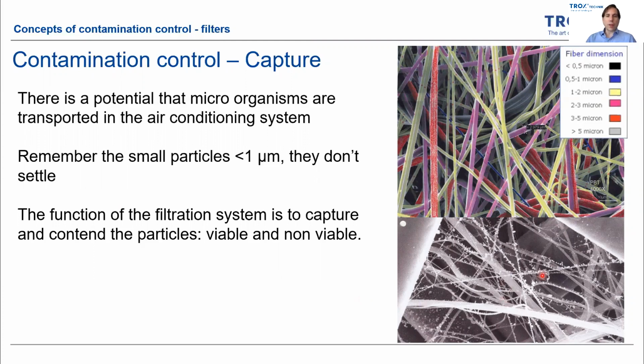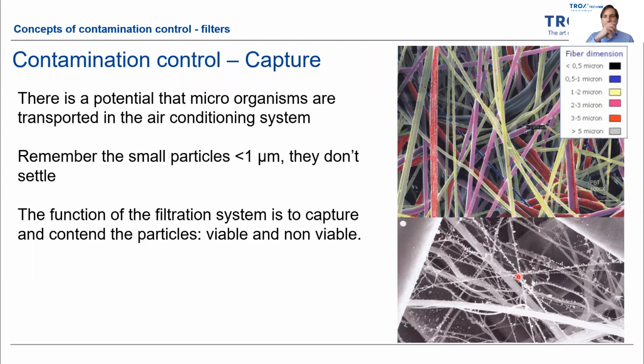So now here we have two pictures from a microscope showing the fibers of filters. And you can see in the picture below, we can see smaller particles attached to the fibers. That means that even the smaller particles that fly through the fibers will be caught and attached to some fiber.